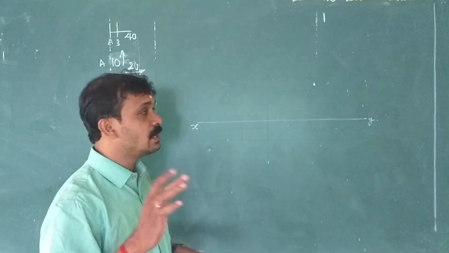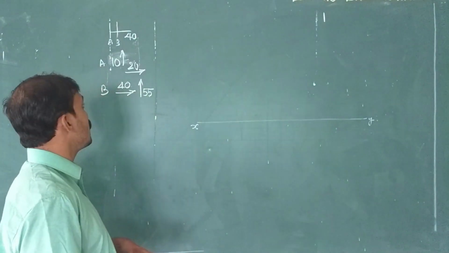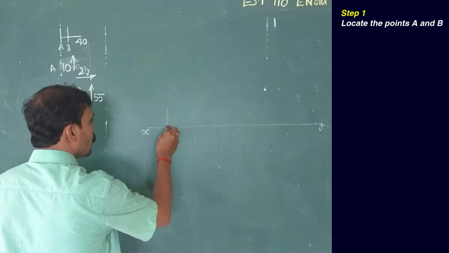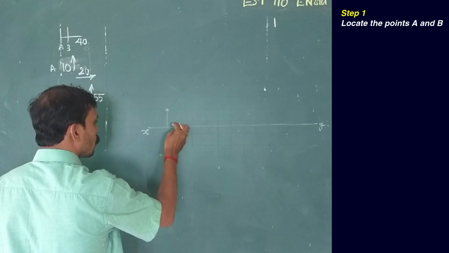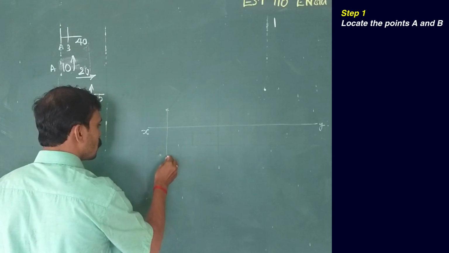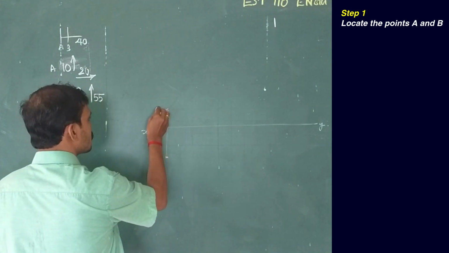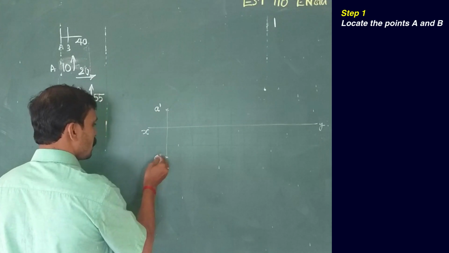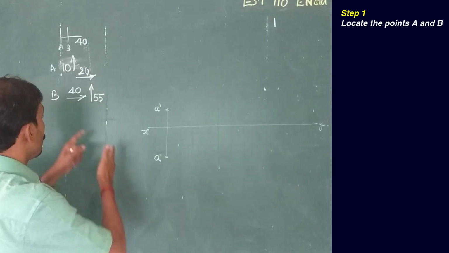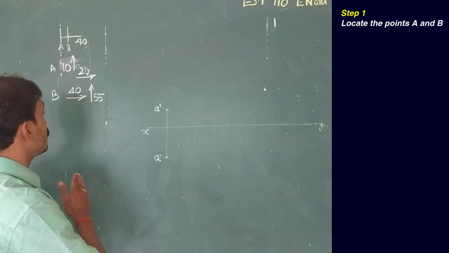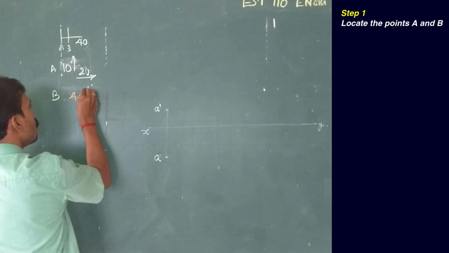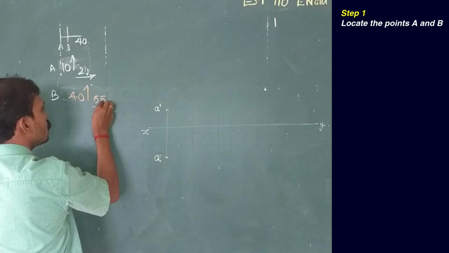Here you can see that point A is 10 above and 20 in front of. So we can name this A dash and this A. Now, point B is 40 above and 55 in front of.